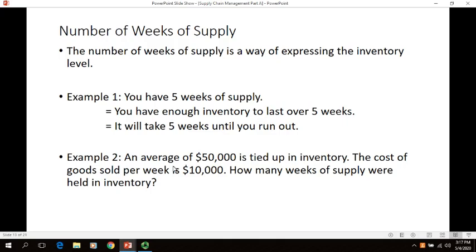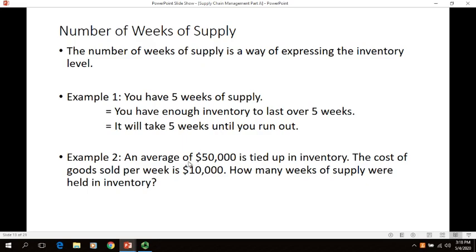The next one is the number of weeks of supply. The number of weeks of supply is a way of expressing the inventory level. For example, if someone says you have 5 weeks of supply, that means you have enough inventory to last over 5 weeks, or it will take 5 weeks until you run out. So how can we compute the number of weeks of supply?